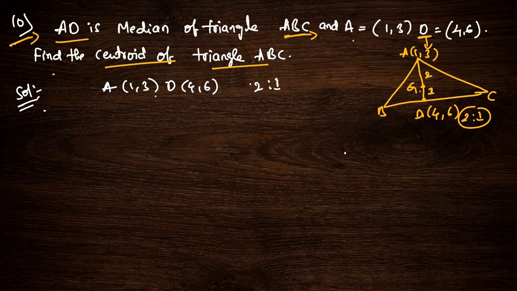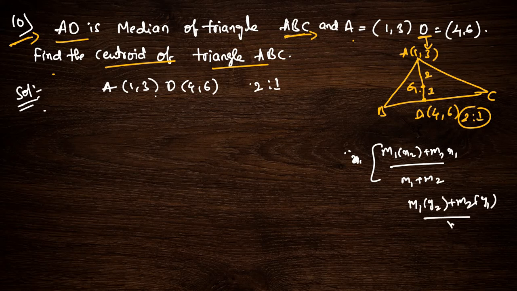What is the section formula? (x, y) = ((m1 x2 + m2 x1)/(m1 + m2), (m1 y2 + m2 y1)/(m1 + m2)). We use this same formula to get the centroid of the triangle. So the centroid G(x, y) equals: m1 is 2 and m2 is 1, with A as x1 y1 and D as x2 y2.